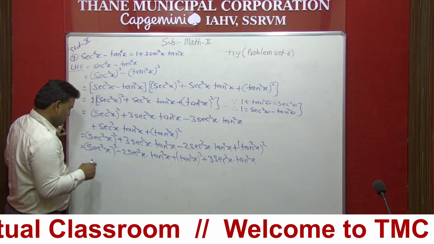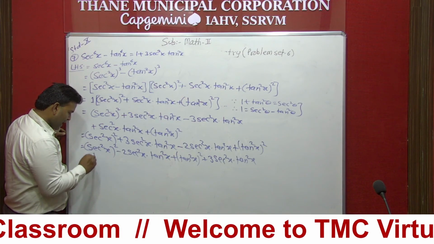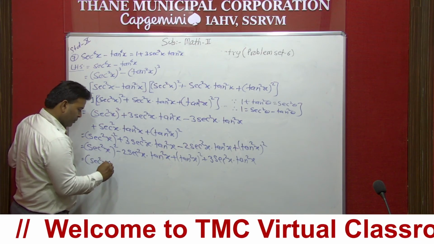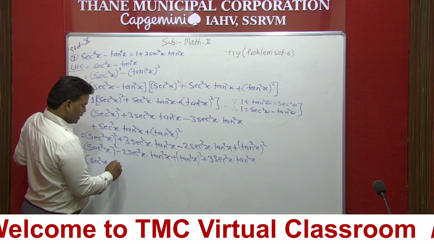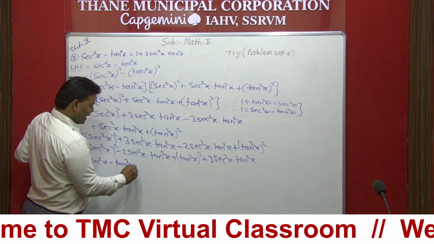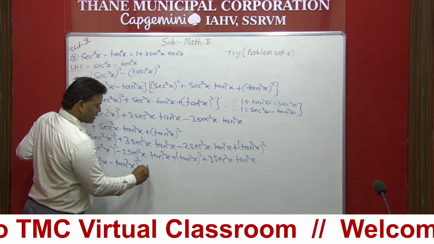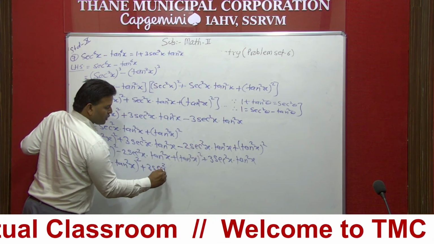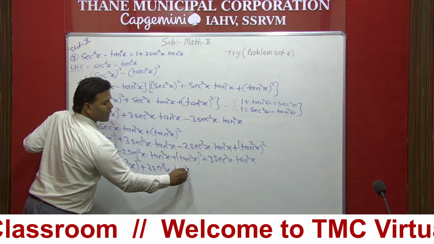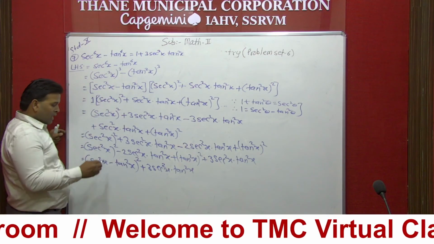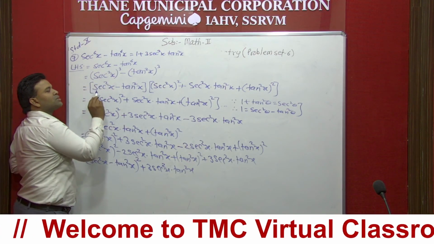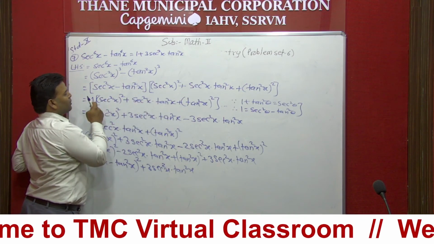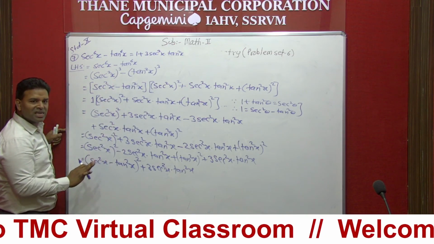So the next step is bracket sec square x, this one minus, the middle sign is minus, then tan square x the whole square plus 3, this one as it is, last one sec square x into tan square x. And finally see this one here: where we took sec square x minus tan square x, in its place we took 1. The same step has come here, so even if we do not give the reason again, it will be fine.